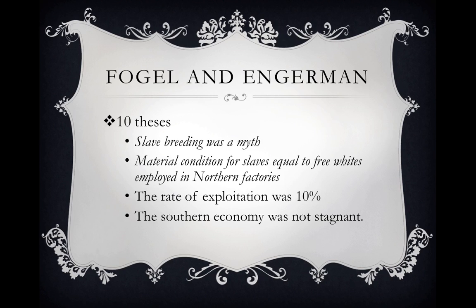So if we move the argument away from the person level and into the livestock level, if you have these types of farms where you're engaging in livestock, you do have an element where the breeding does actually occur.